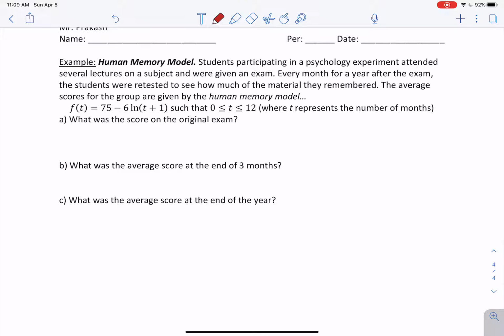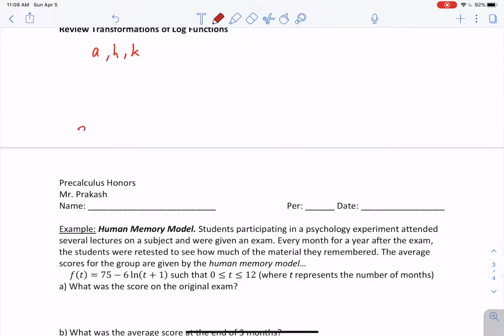For example, a lot of times logs get used in pH, right? So it's the concentration of hydrogen ions.